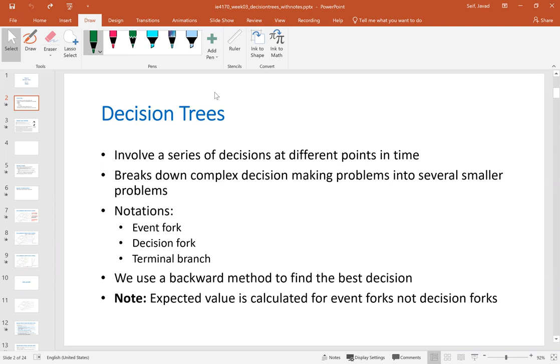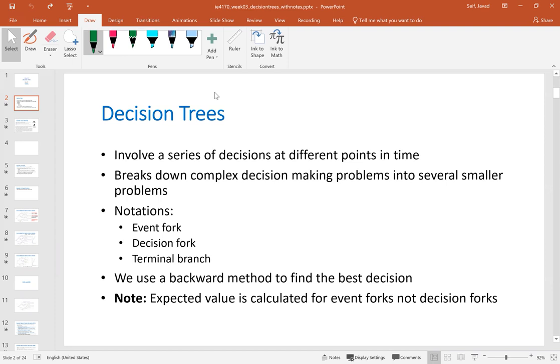I'll make a decision. So decision trees help me formulate these and structure my thought with a decision tree, and then use the backward method to choose the best decision based on the probabilities that I have for getting a job, for the location of that job, and all of that.